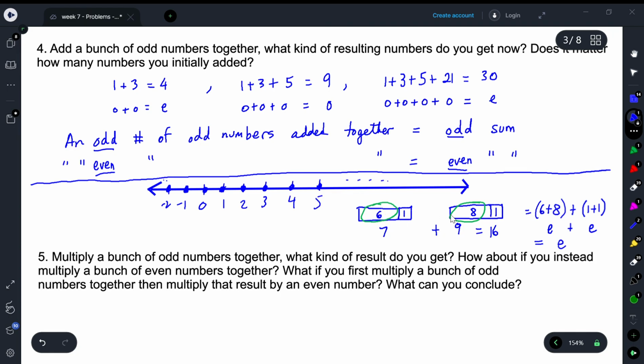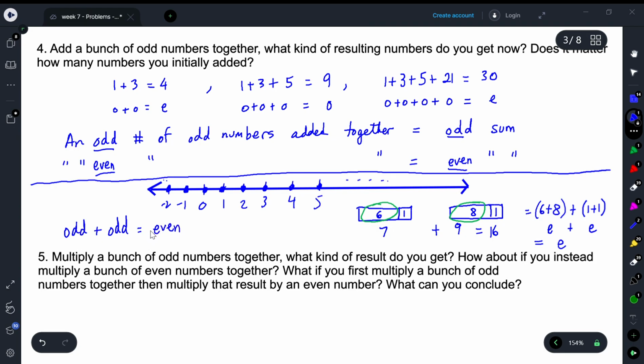This argument that we made with these two example numbers, 7 plus 9, we could have made with any two odd numbers. Because any other two odd numbers, we could visually write them as some even number plus one more. We know that has to be the case from the number line. All right, so we know now that odd plus odd is equal to even.